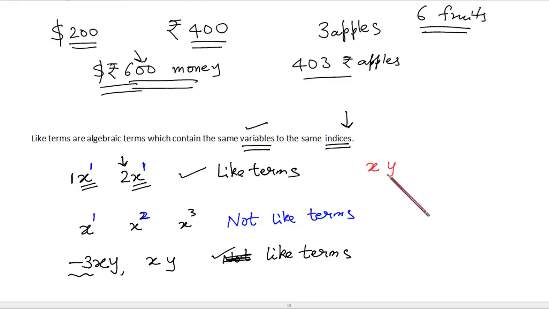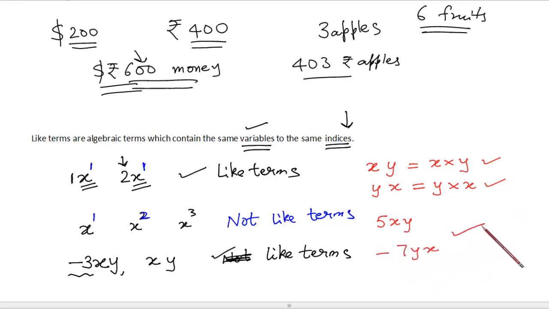Similarly, it's very important to note that xy is nothing but x multiplied by y, and yx is also y multiplied by x, which is the same as x multiplied by y. So 5xy and -7yx are definitely like terms, because xy is x multiplied by y and yx is also y multiplied by x, or x multiplied by y.